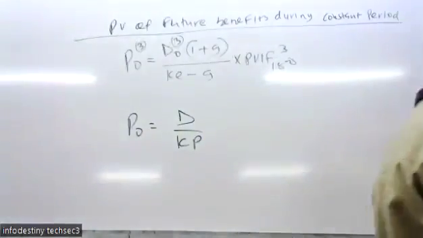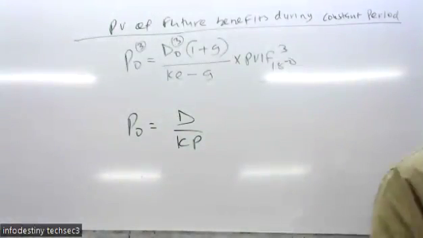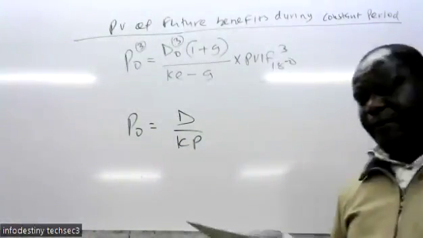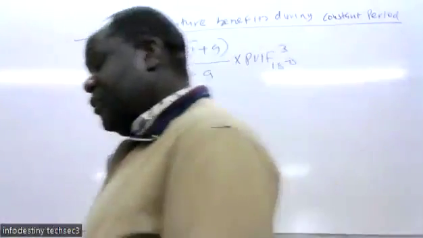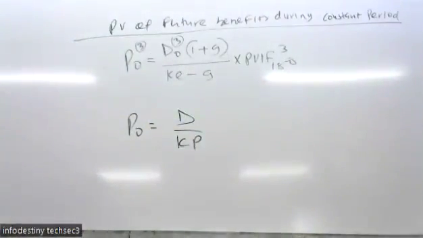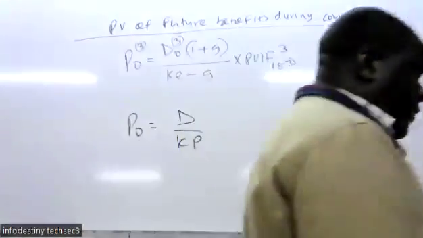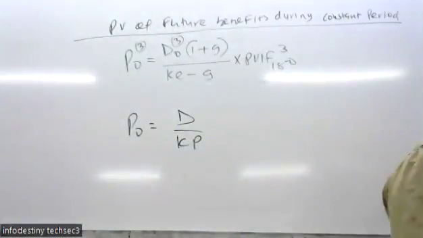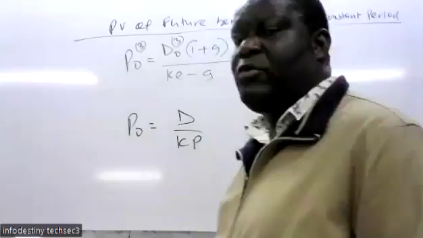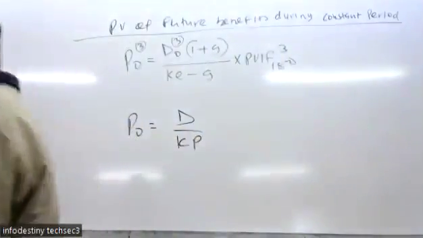In part B, they say that a firm issued 10% preference shares to raise funds. The shares have a par value of shillings 100 each and are currently selling at 110 each.